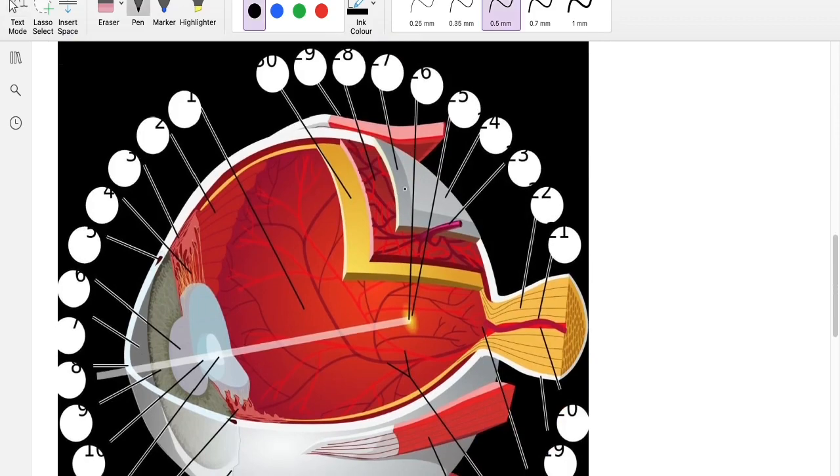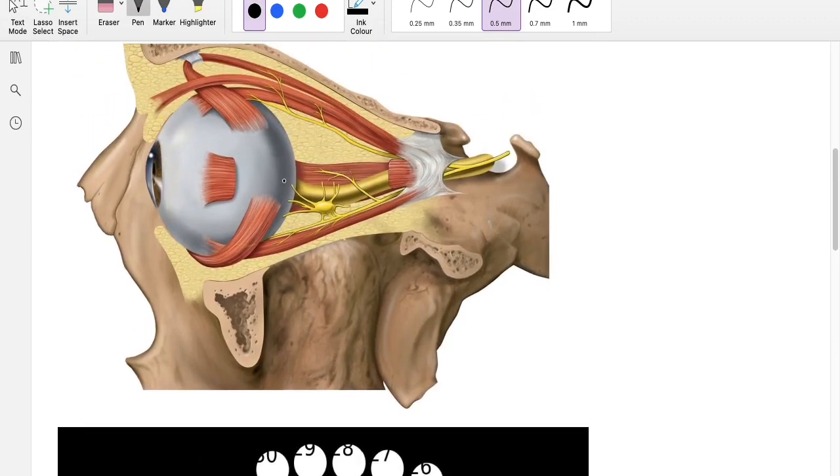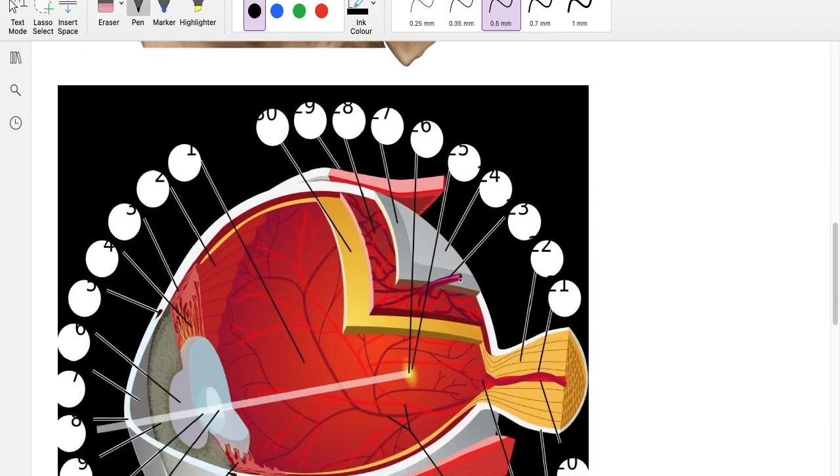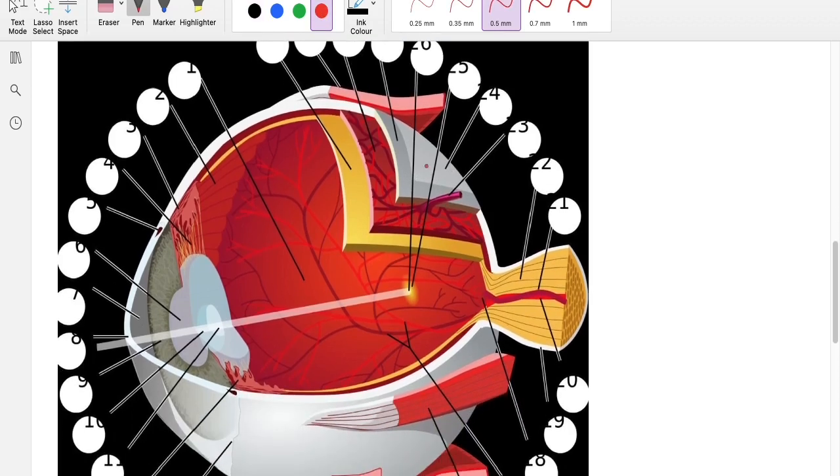When you look from the outside, the eyeball is white in color, with this part that's a different transparent layer. And if you imagine this is the eyeball opened from above, here you have that same white layer. This white layer is the sclera, and that is the first layer.